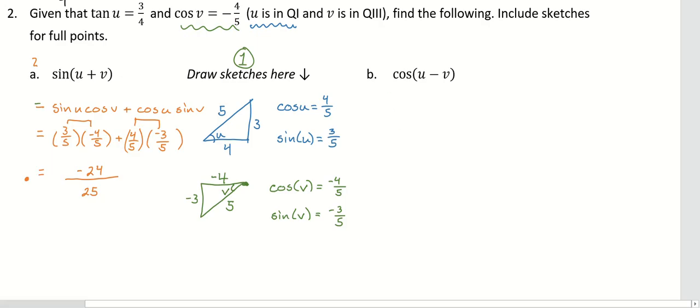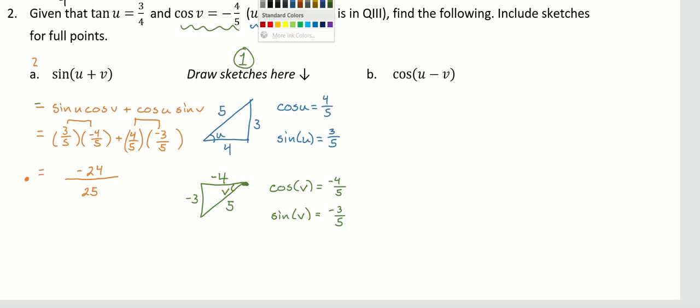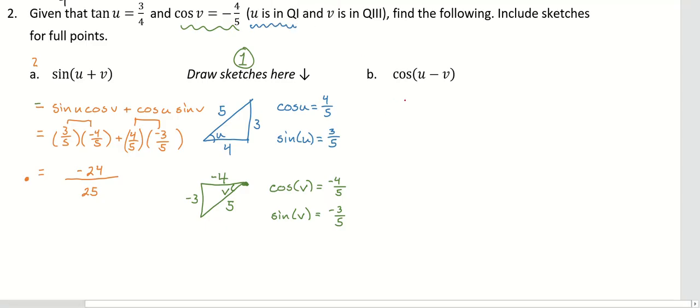Okay, this one here is cosine, and we're going to think of cosine in bright red. So cos of U minus V is exactly cos U cos V plus sine U sine V. And whether it's alpha and beta or U and V, it doesn't matter.